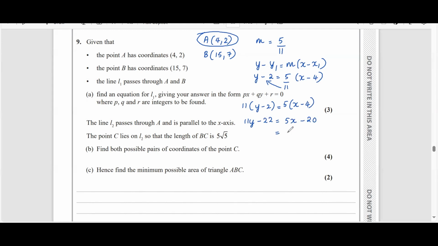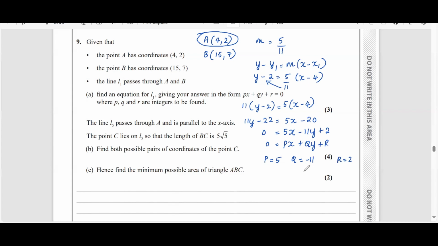Bring all the terms to the right-hand side: 5x, then 11y becomes minus 11y, and minus 22 becomes positive 22. 22 minus 20 gives 2. We have to write this in the form px plus qy plus r equals 0. Therefore, by comparing, p is 5, q is minus 11, and r is 2.